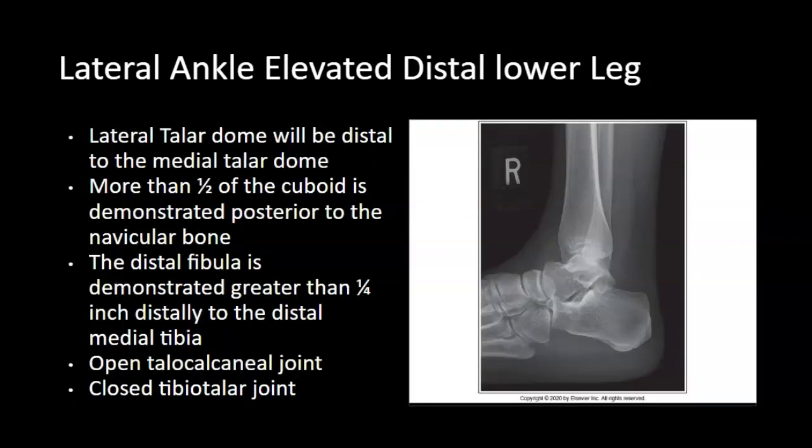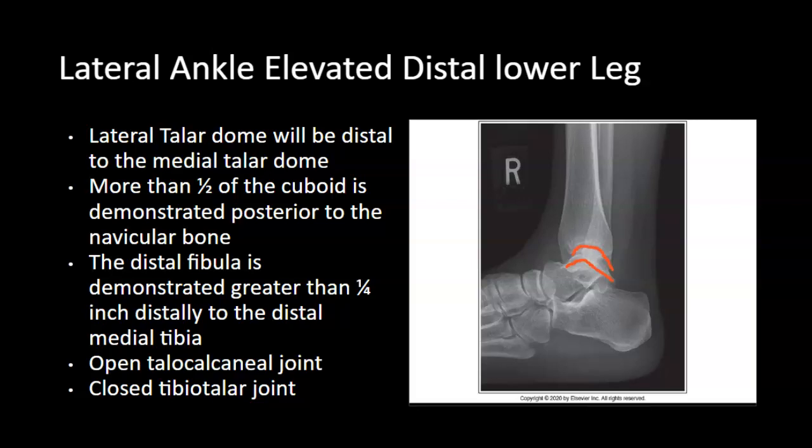Now, when the ankle is elevated higher than the proximal leg, you will start to see the lateral talar dome be demonstrated inferior to the medial talar dome. It's very distorted here, so you can't really see it.